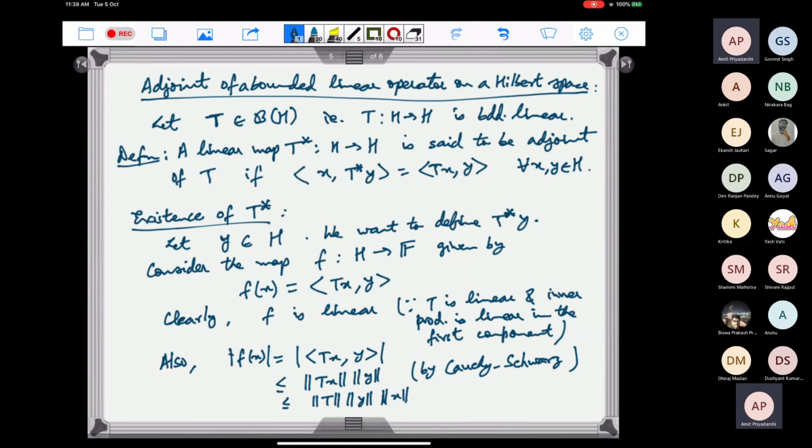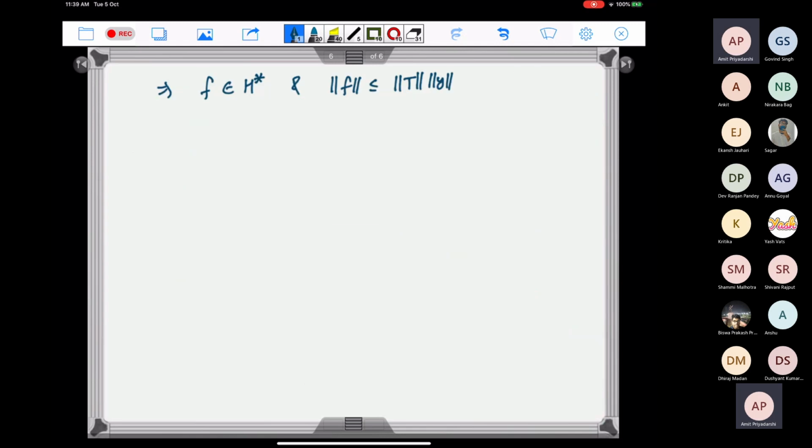Now what do we know about H star? Any map in H star is of the form f sub y for some y.